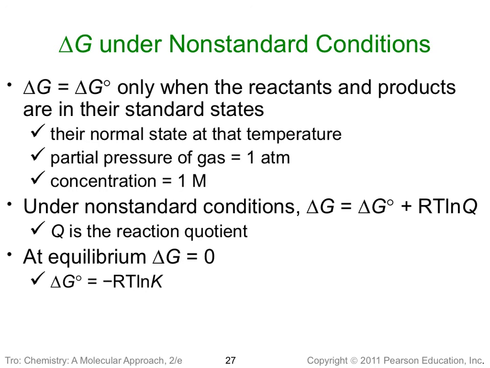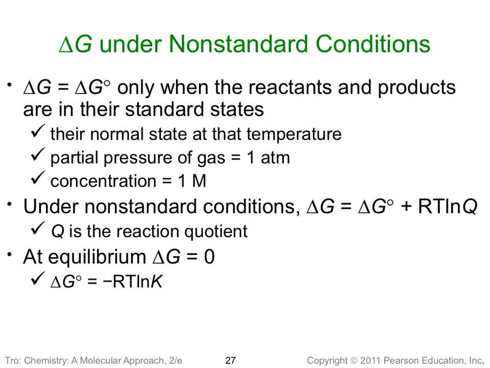So we can relate delta G to K. If you remember, we said delta G is 0 at equilibrium. And so we have to talk about a few things here, where delta G is equal to the delta G at standard states only when everything is in standard states. But under non-standard conditions, there's a different factor here, right?